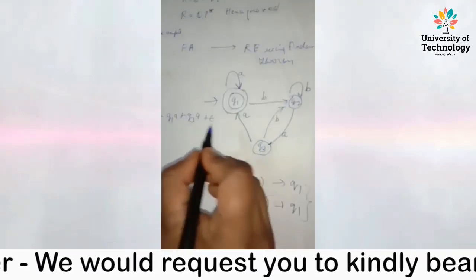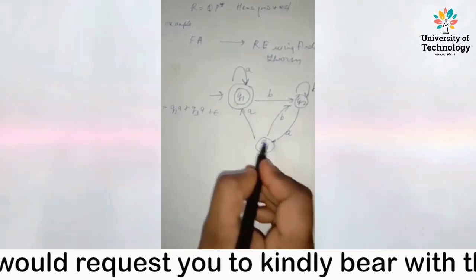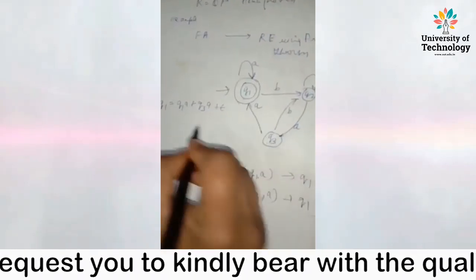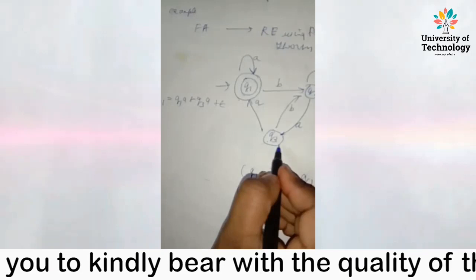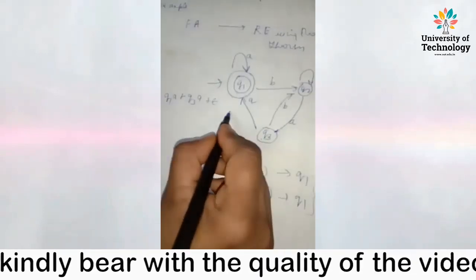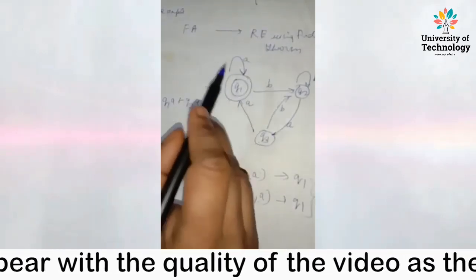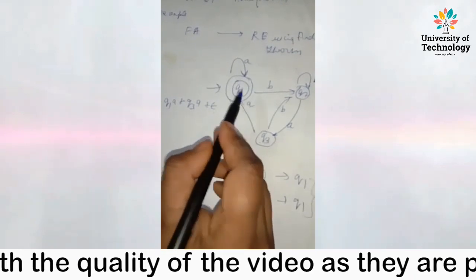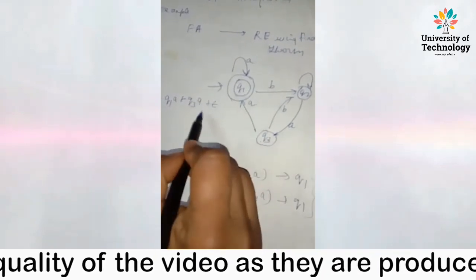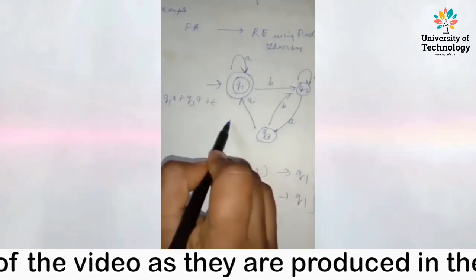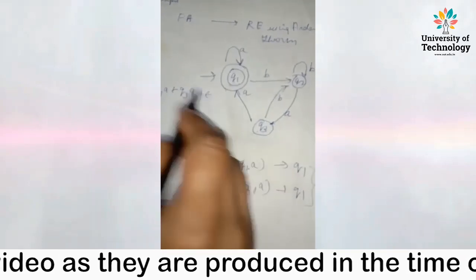If instead of Q1, Q3 were the initial state, then when finding the value of Q3, you would use epsilon in that equation. Since the final state and the initial state are the same, Q1 only, and it is the initial state, we are adding epsilon to it. Is this clear to you? Any other confusions? Fine. So let's move.